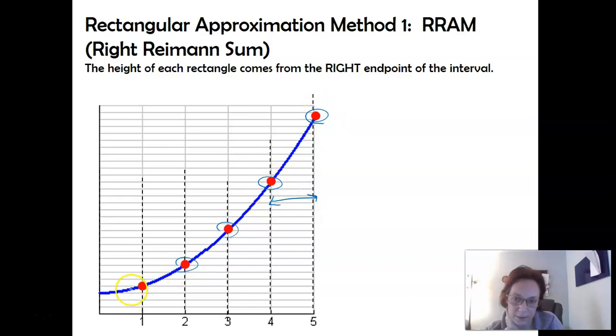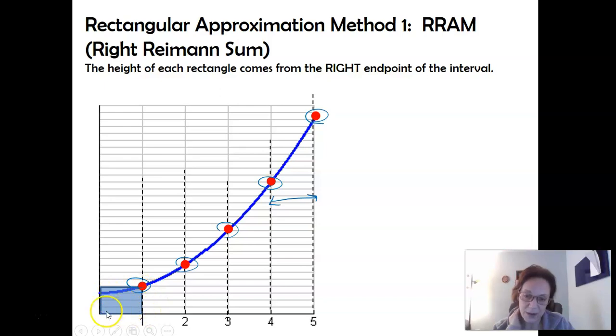Now it's hard to see when you're looking at these ones because there's a point on both ends, but it becomes evident when you look at the rectangle on the end, because notice there's no endpoint over here, there's no value here, as I don't care about it. I'm lining up on the right. So if I use RRAM, the right Riemann sum, my rectangles are going to line up on the right like this.